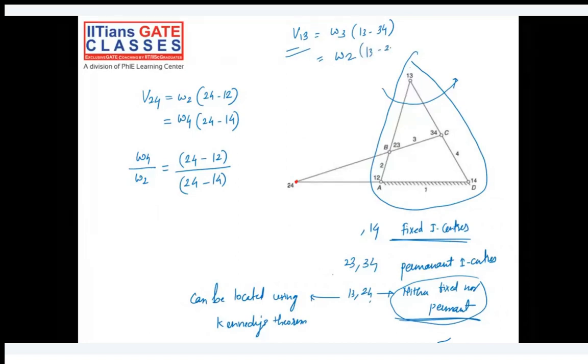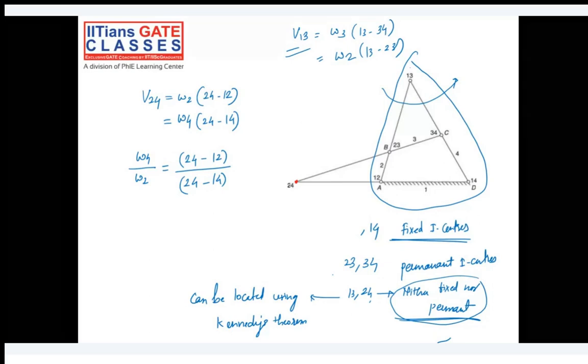Yes, I hope it's correct now. 1 3 to 2 3 times omega.